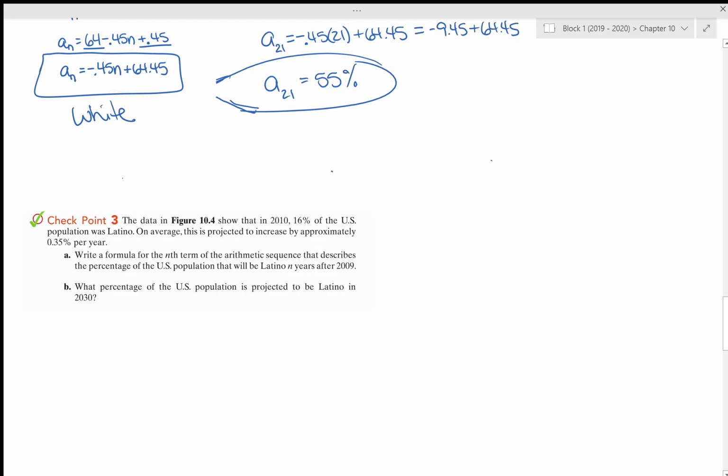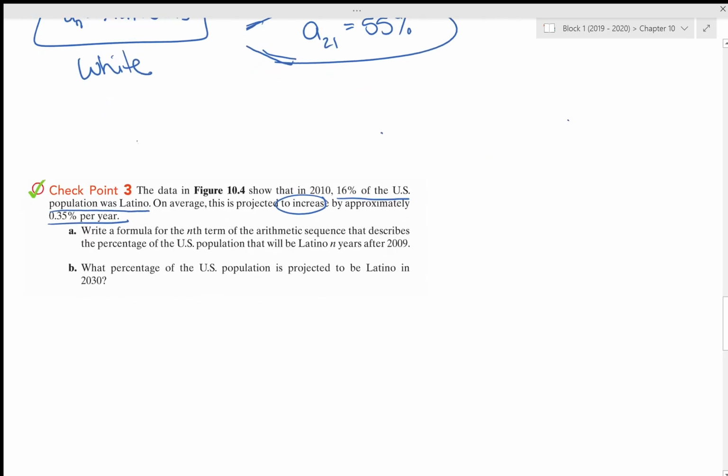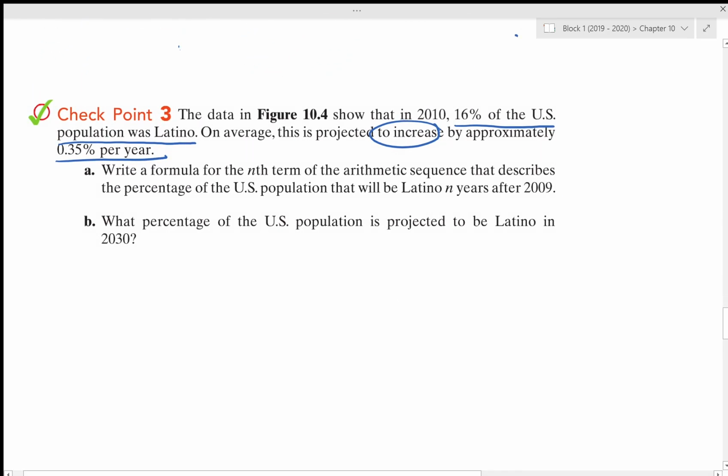All right, so 16% of the U.S. population was Latino. On average, it is expected to increase by approximately 0.35% a year. So my formula for the nth term, again, since 2009, I'm going to start at 16%, and I'm going to add 0.35 times n minus 1.